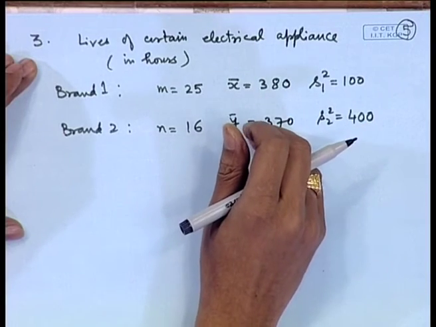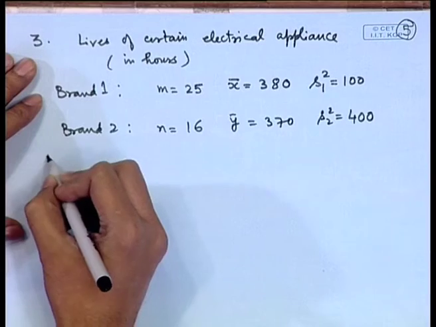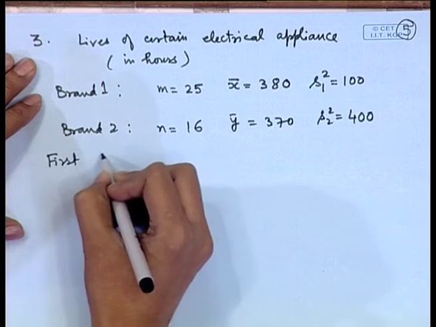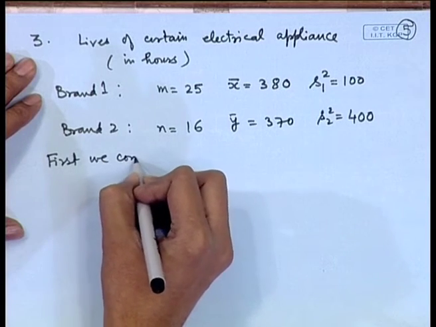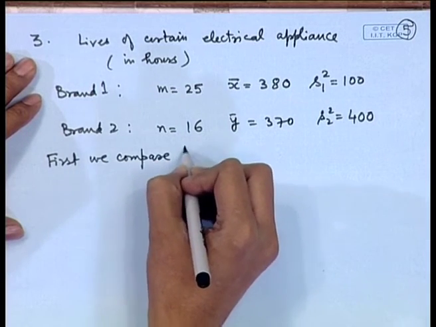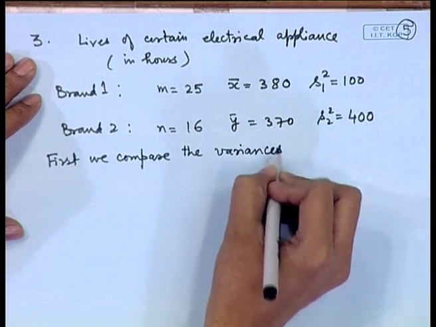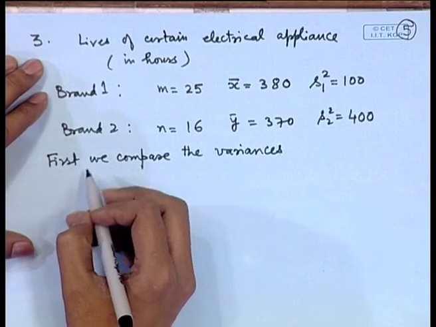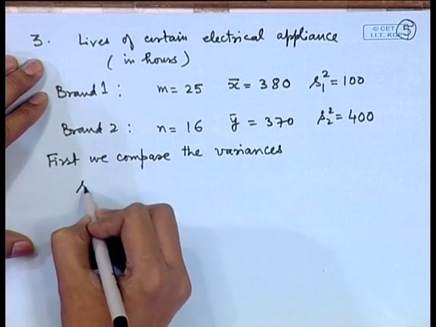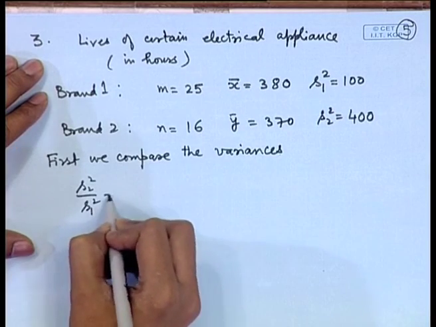Once again, if we want to compare the means, firstly let us compare the variances. So, if we take the ratio S2 square by S1 square, that is equal to 4.